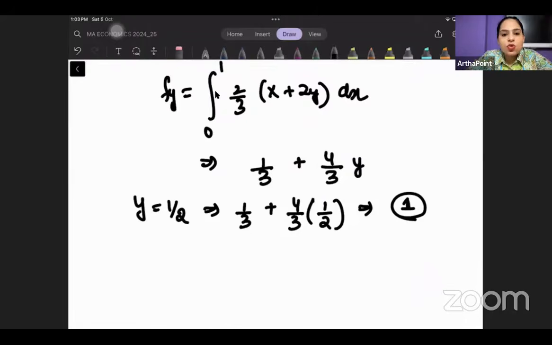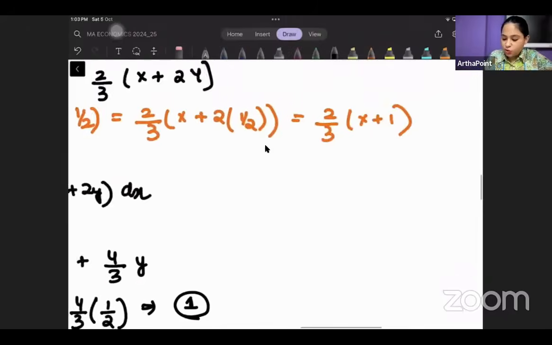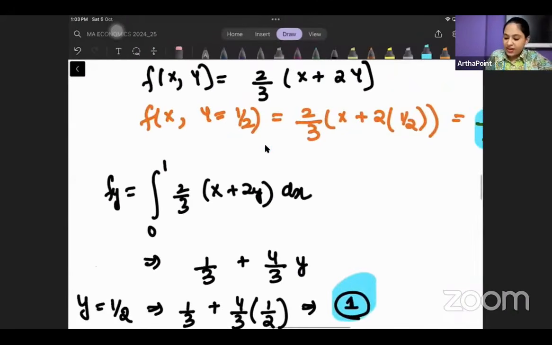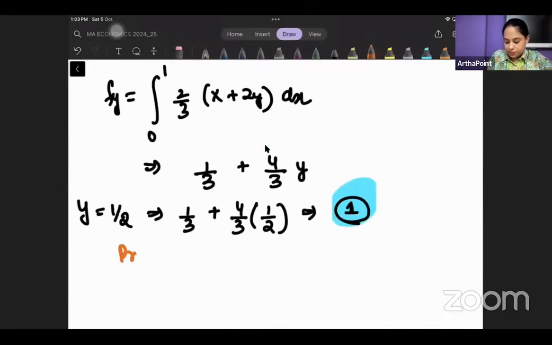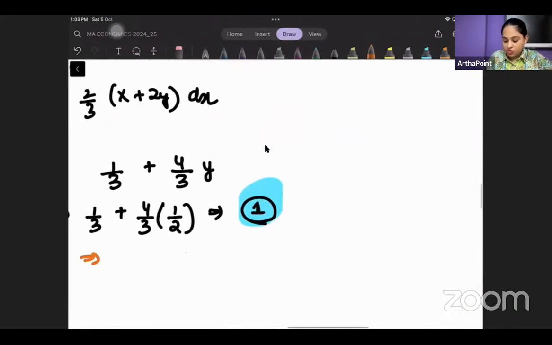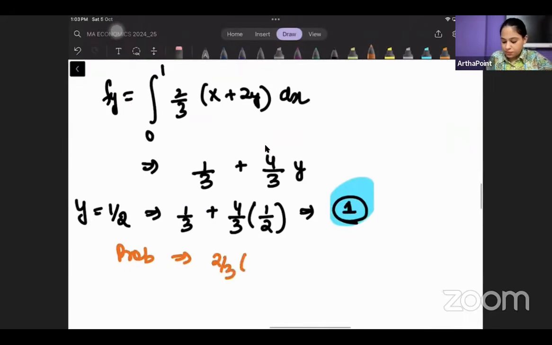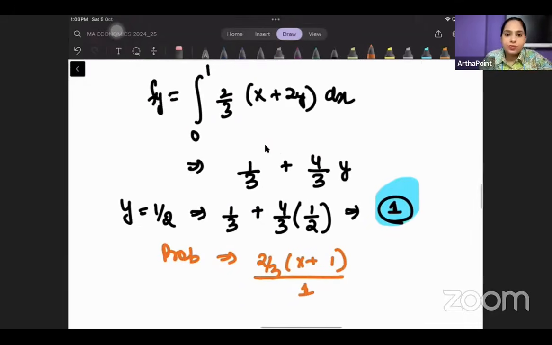Once you put these values in, you have the numerator and the denominator, so finally your probability comes out to be 2/3 x plus 1 over 1.